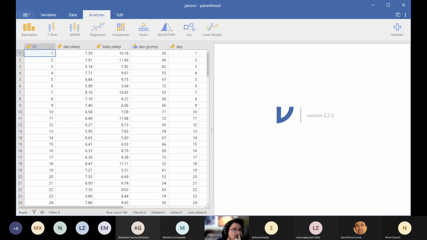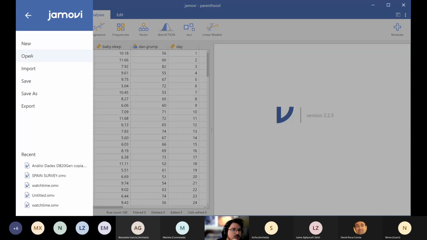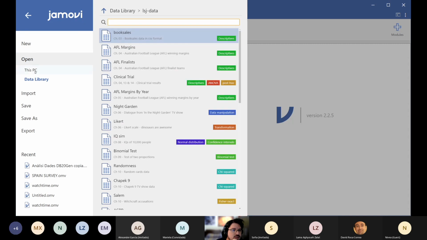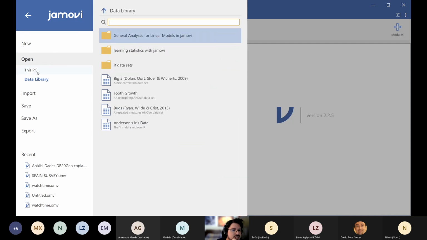Yes. Sorry. You should find it here in this menu with the 3 lines. Open, and you should see this PC and data library. Everyone sees this?